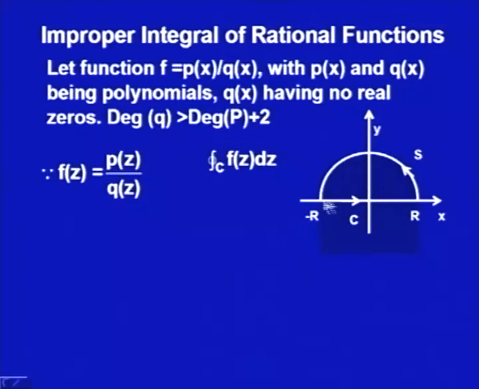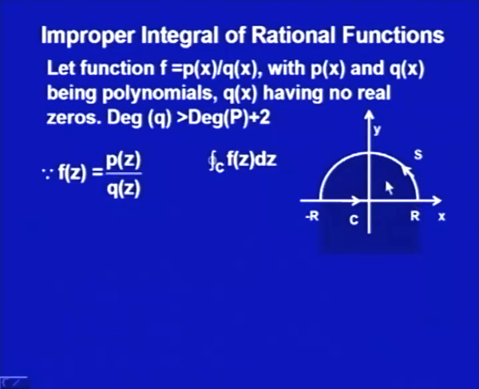Let us take this semicircle of radius r large enough such that all the isolated singularities of f(z) in the upper half plane are interior to this semicircle, which is bounded by the real axis. Now, since f(z) has isolated singularities inside this closed contour, we know that to find the integral along this contour, we can use the residue theorem.